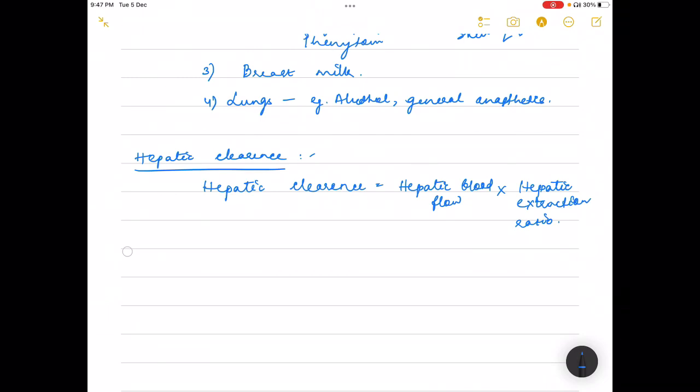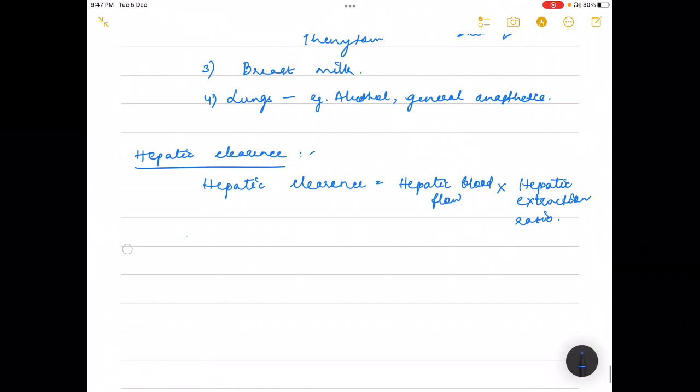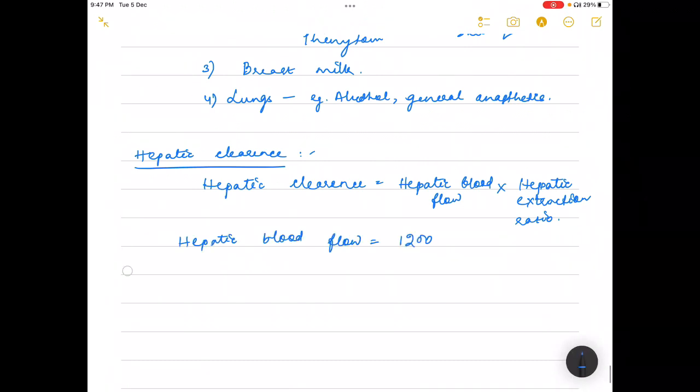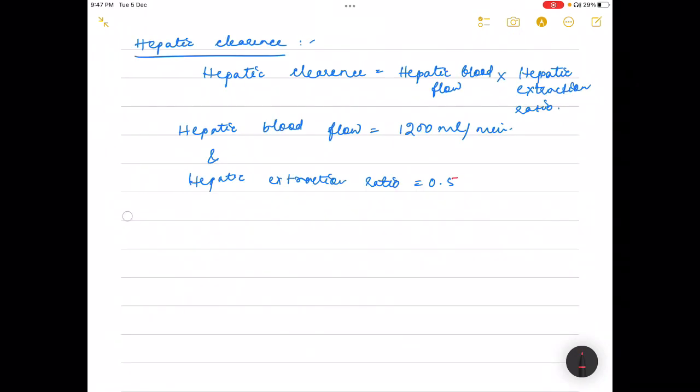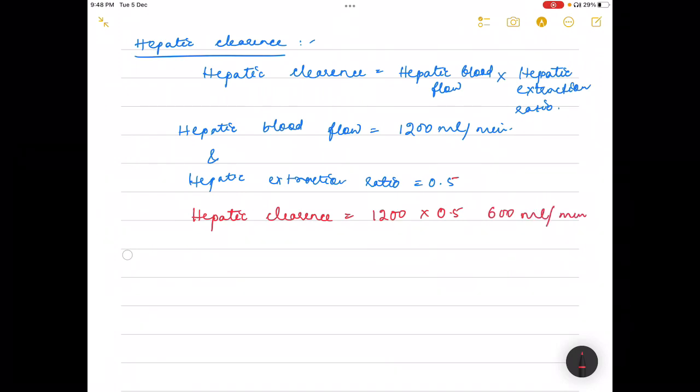If in the question it is given that hepatic blood flow is equal to 1200 ml per minute and hepatic extraction ratio is given to be 0.5, then the hepatic clearance will be equal to 1200 into 0.5, that will be equal to 600 ml per minute. This will be the answer.